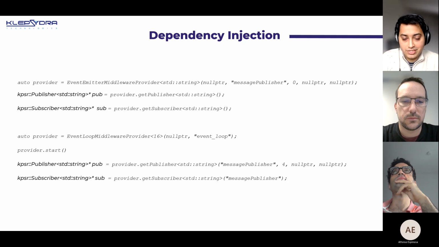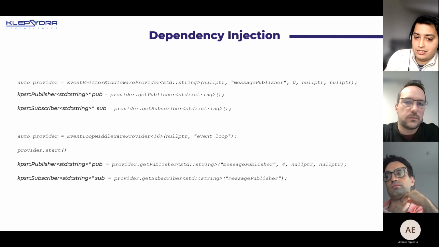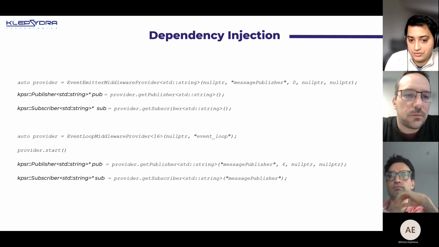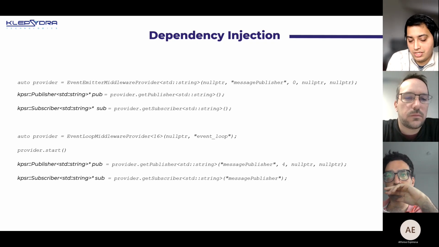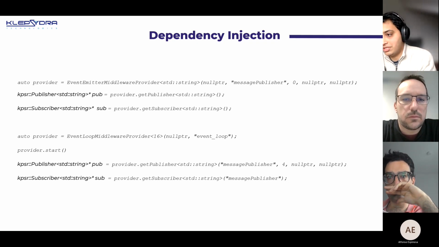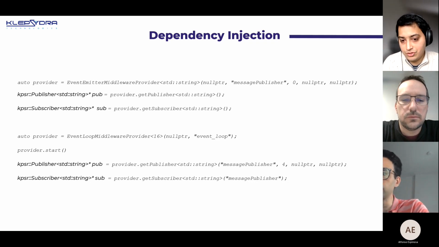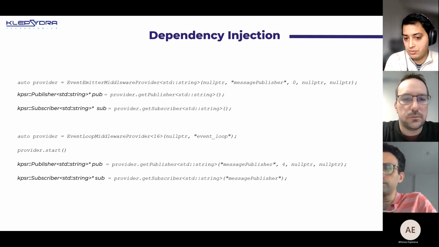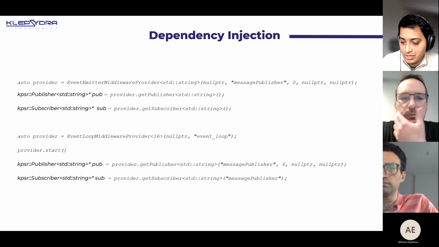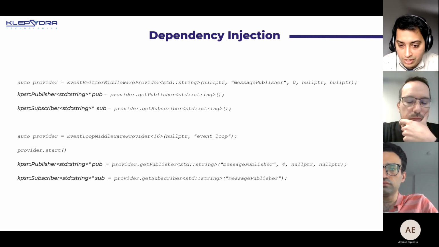Second is dependency injection. Like I said in one of the first few slides, we have an event emitter, an event loop, and a data multiplexer. All three can give you a different type of publisher and subscriber.